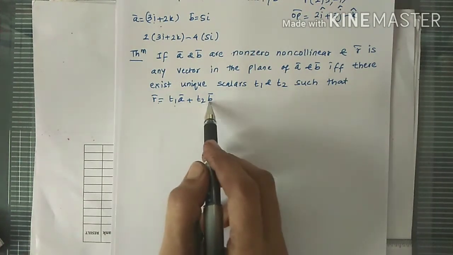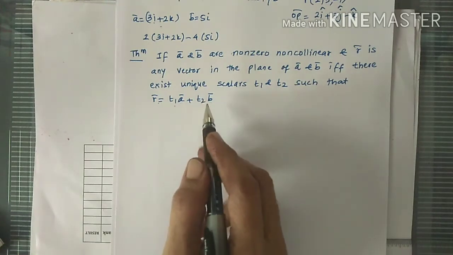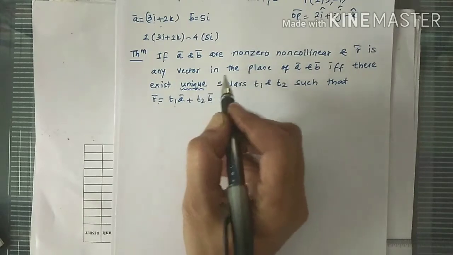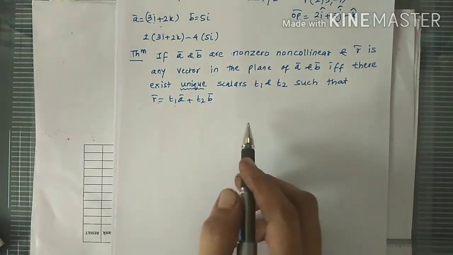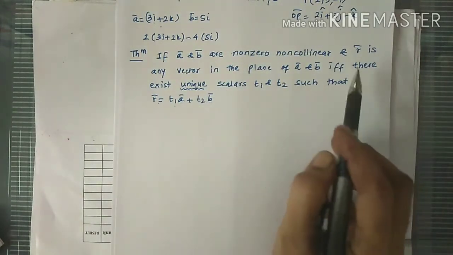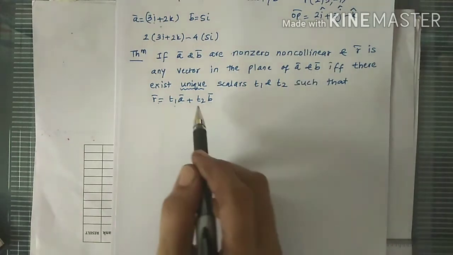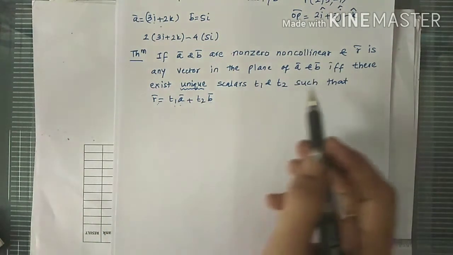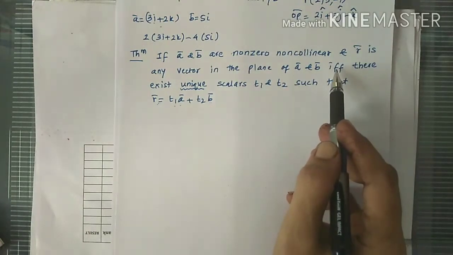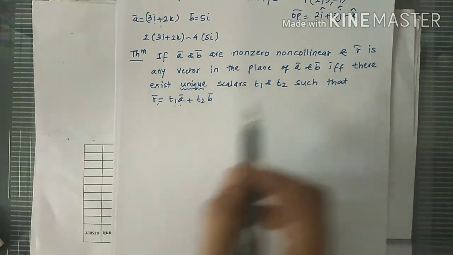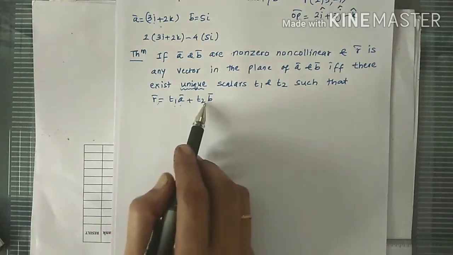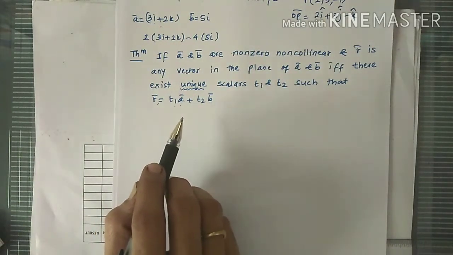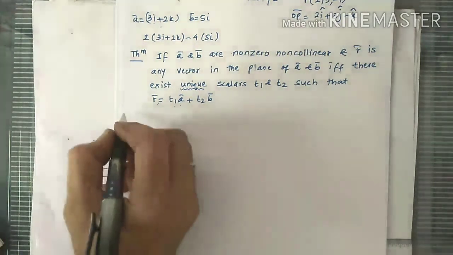So it is a linear combination of a bar and b bar, and that linear combination is unique. This word is important. First we have to prove that if r bar is coplanar with a bar and b bar, then we can write r bar like this, and the converse is also true because we have 'if and only if'. The converse is: if we write r bar like this, then r bar is coplanar with a bar and b bar. Okay, let's see the proof.